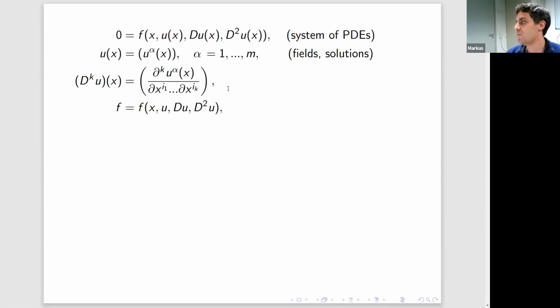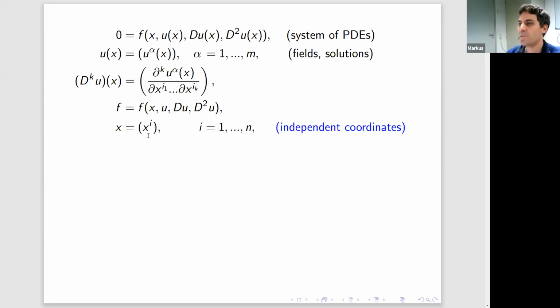And then there is this important thing. This is the usual jet bundle notation. There are basically two ways you can investigate a differential equation or a PDE. You can consider this function u of x as just some variables u, and the derivatives can also be considered as just some variables, also with the higher order derivatives here. So then I don't write u of x, I just write u when I consider this as a variable.